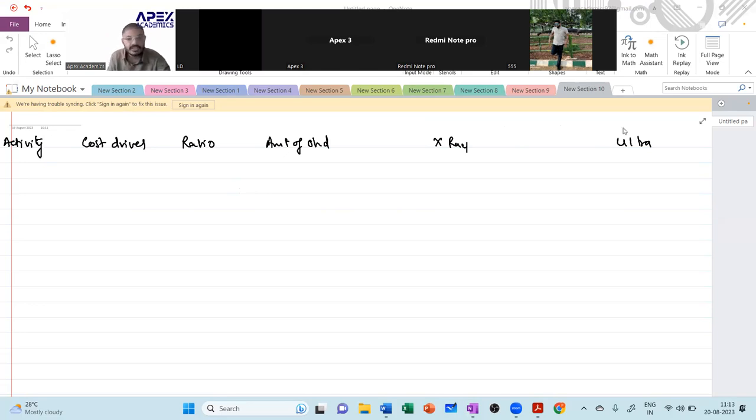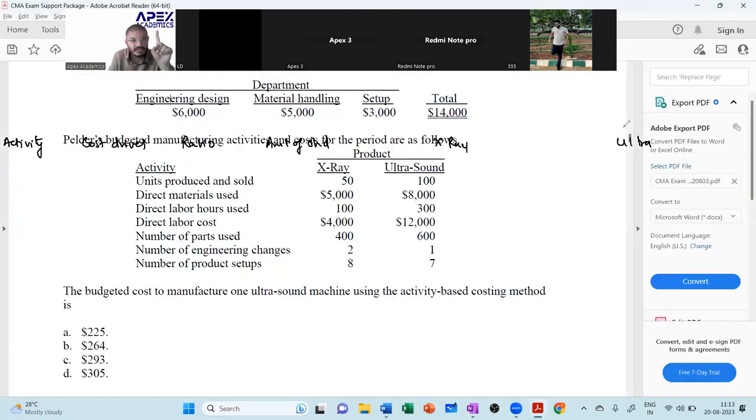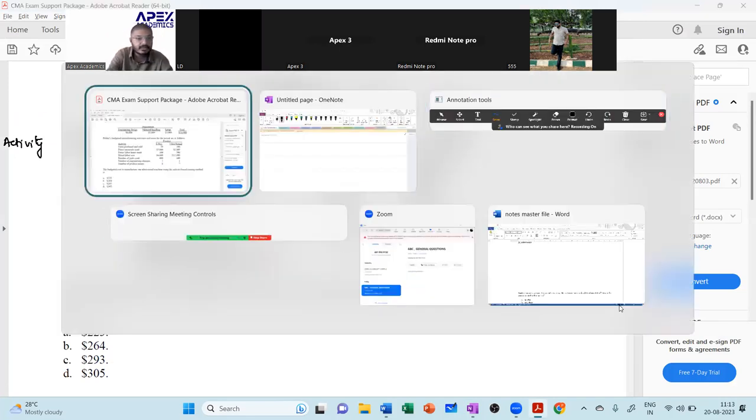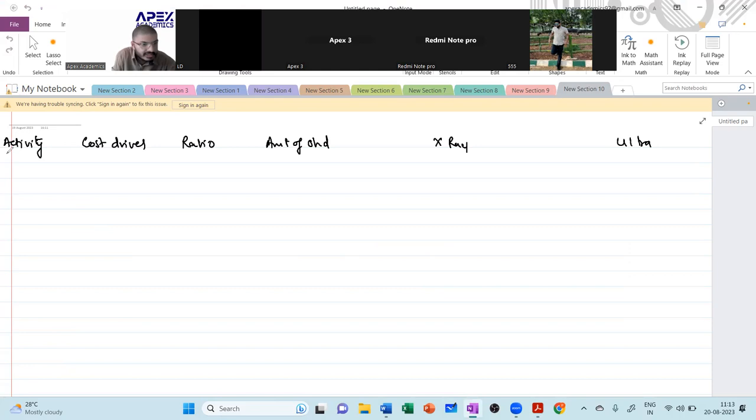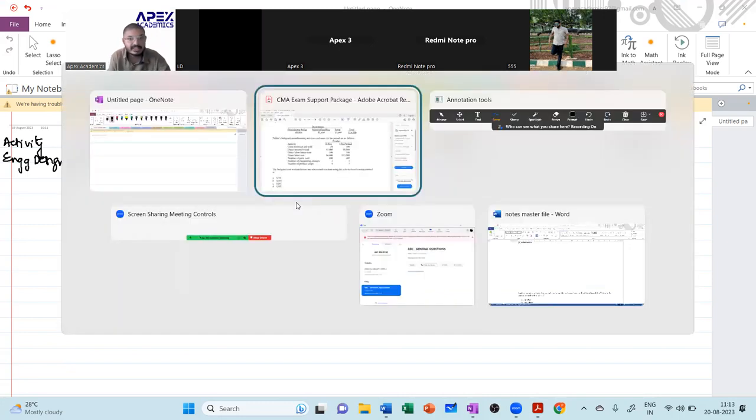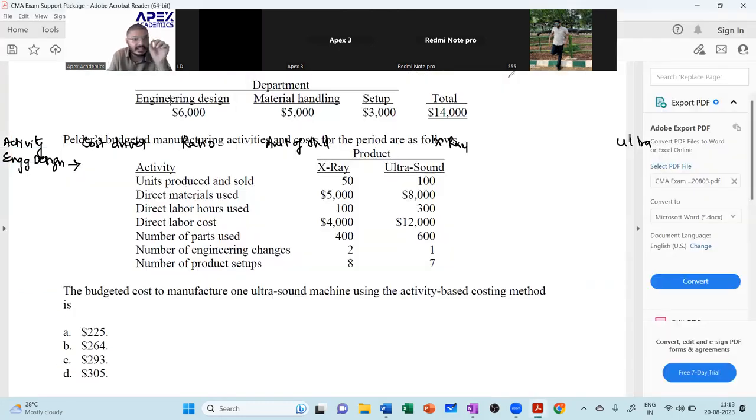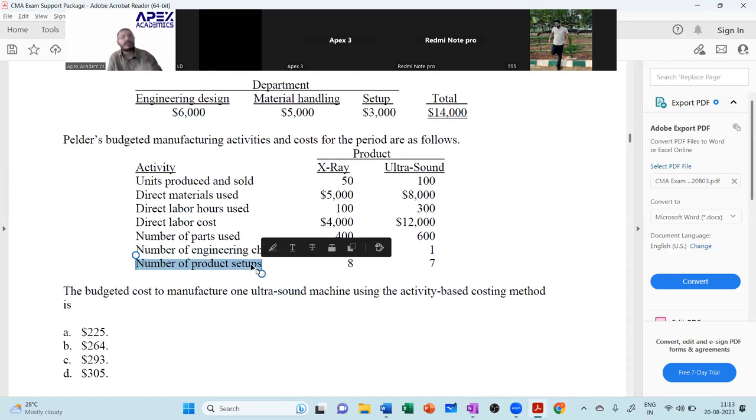So what is the first activity that I see over here? The first activity is engineering design. Please pay attention to this. What do you think engineering design could be based on out of these items? Would it be based on number of parts used, engineering changes, or total product setups?